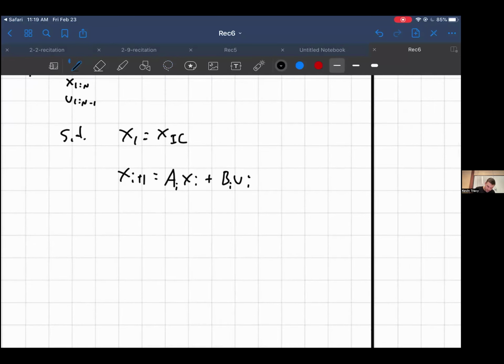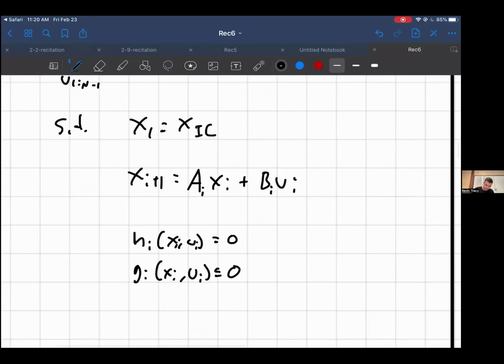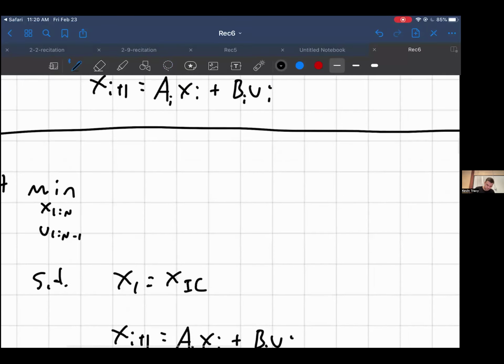So I'll do H, and this is just going to be any sort of convex problem that we have.